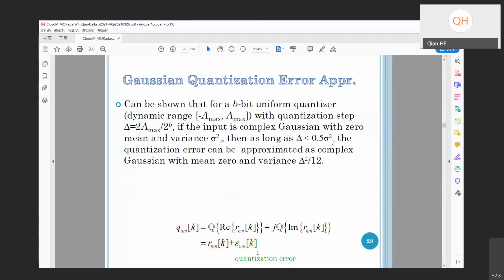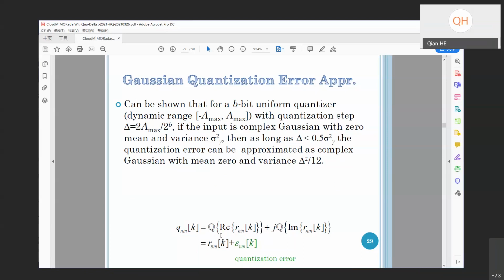And we did some survey and did some research. It turns out, this is a practical assumption, actually. If you have a b-bit uniform quantizer, uniform means the quantization step is identical, right? So as long as, actually we did show that by ourselves, as long as your quantization step is small enough compared to the noise of the input signal, right?